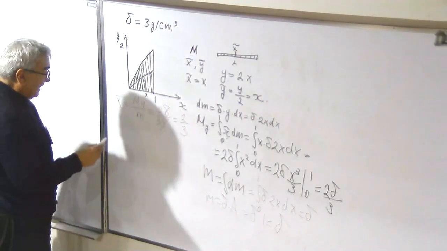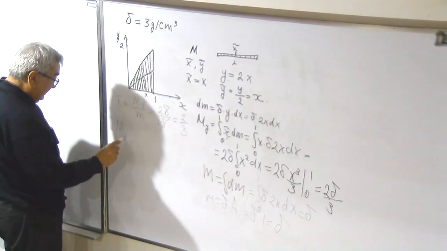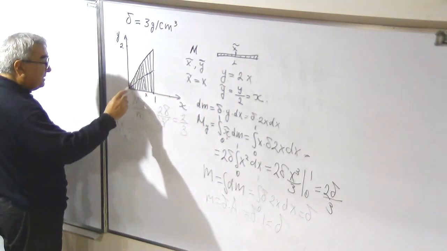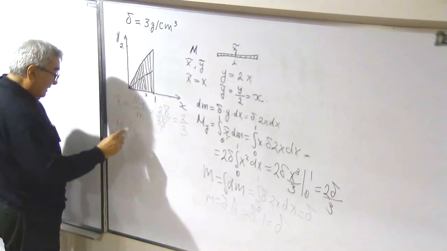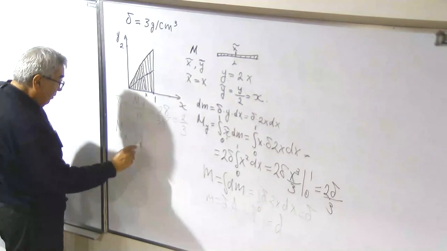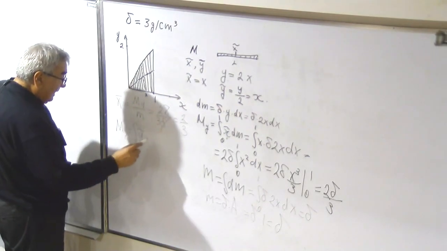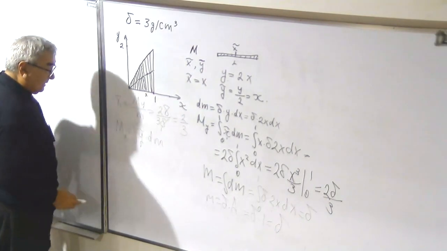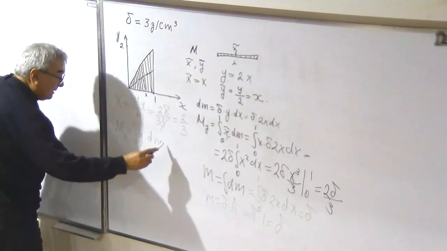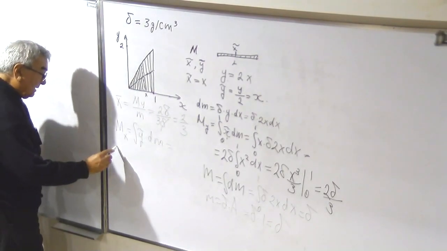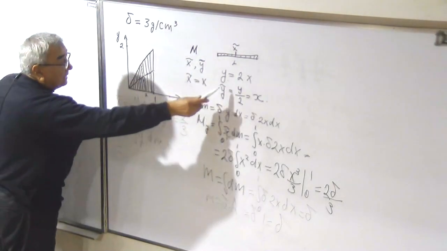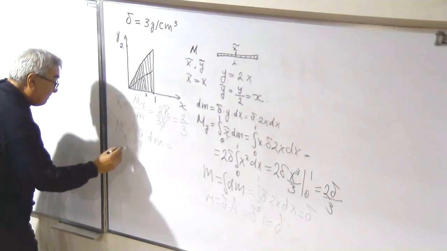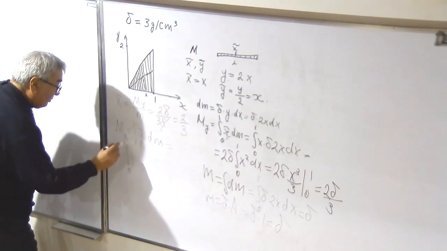Now we calculate Mx. Because I said that it is necessary to take all the mass concentrated on this line, it will be necessary to take y delta multiplied by dm. That means we must calculate these integrals. What should be the result in this case? Because you see, y delta equal to y by 2, which is x. That means again I receive here the integral from 0 to 1.